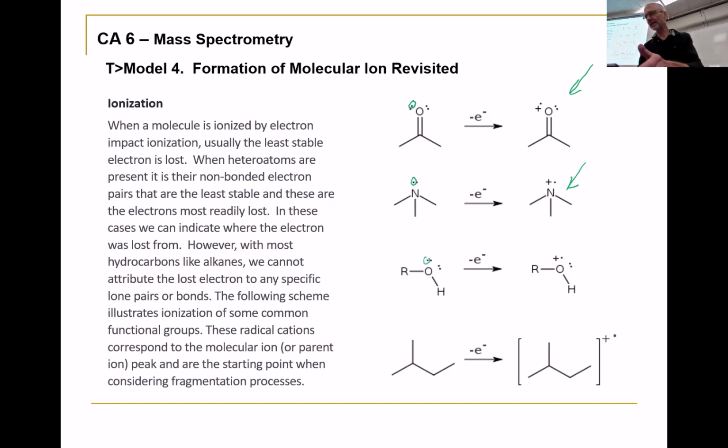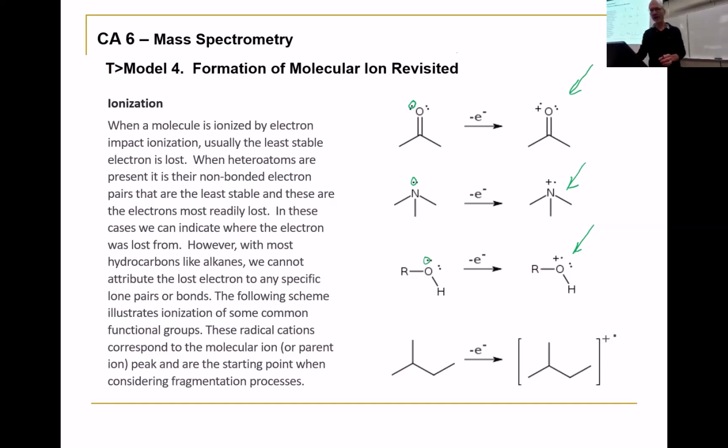It's the most likely molecular ion. The alcohol, and then we ended up with this radical cation. You'll see that there will be questions like this in the Open OChem. And again, for some reason, I'm having trouble getting this to land, because many times students will ask me afterwards, how do I know? And yes, you don't know typically for an alkane. But with these other functional groups, it's a matter of taking off one of the electrons from one of the lone pairs and putting a positive charge, okay?